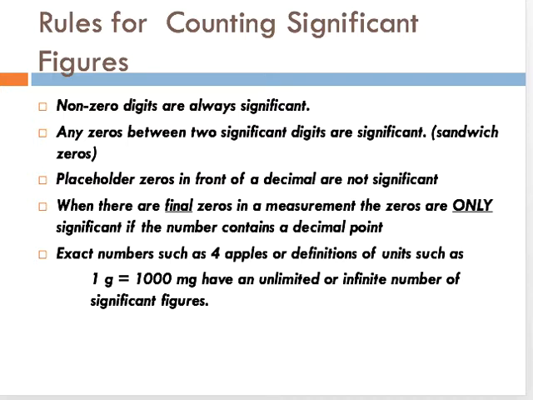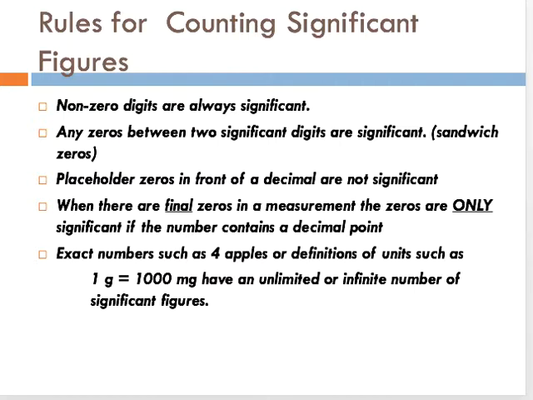Okay? So the rules for counting significant digits. Let's just go through them and then we'll go through some examples. So if you see a measurement, and remember these have to be with measurements. This makes no sense if we're talking about just numbers. It has to be with a measurement like a gram or a kilogram. It says non-zero digits are always counted, are always significant.